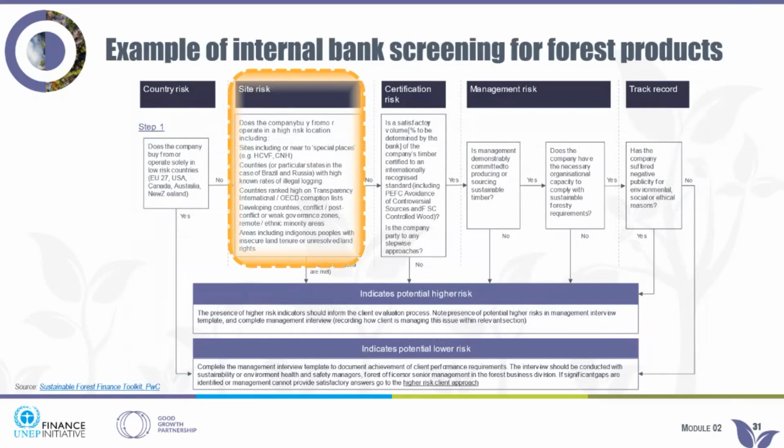Here is an example of how an internal bank screening could look for forest risk products. This example was taken from the Sustainable Forest Finance Toolkit from PricewaterhouseCoopers. It shows how different types of risks can ultimately boil down to legal issues such as avoiding high-risk locations, such as unsecure land tenure or overlap with primary forest areas.